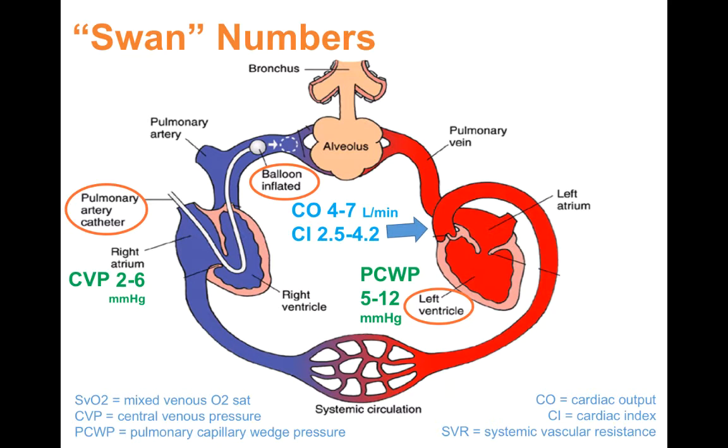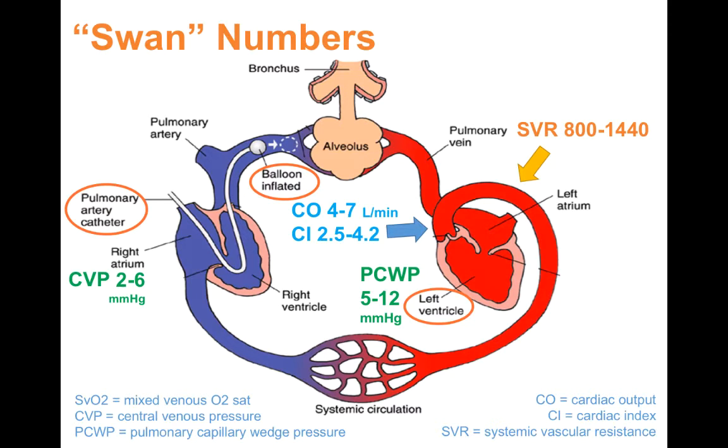That's reflected by your cardiac output, with a normal range of about 4 to 7 liters per minute, or we also look at the cardiac index. The cardiac index is your cardiac output divided by body surface area, and normally this is above 2.5.